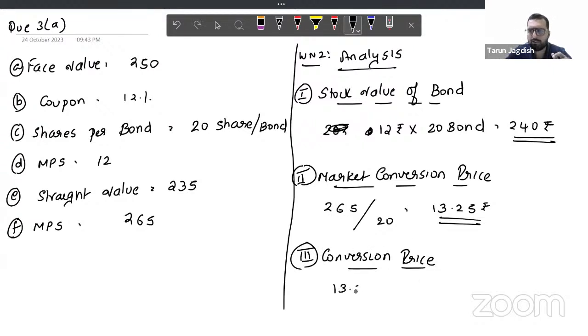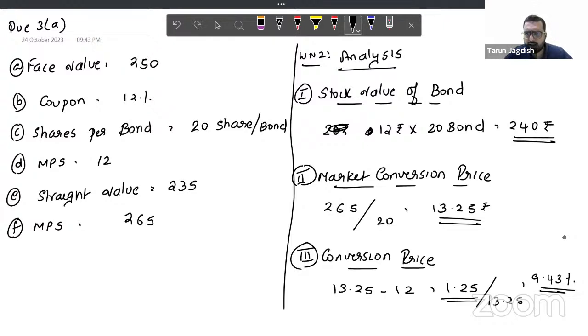That will be 13.25 minus 12. You will get the answer as 1.25. This on 13.25 will give you the premium in percentage as 9.43%.